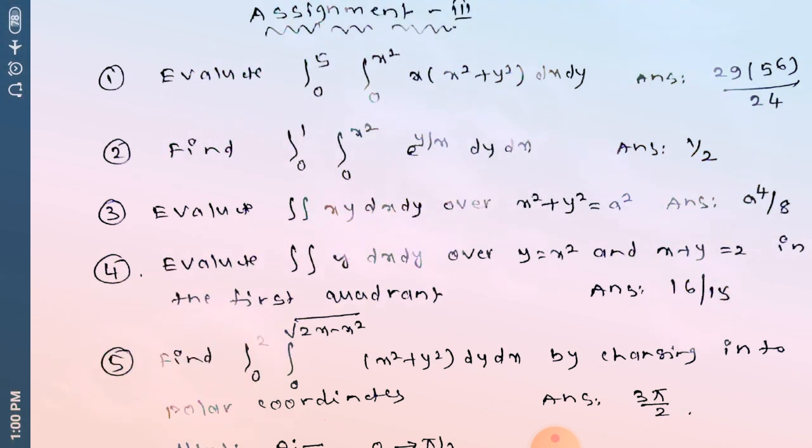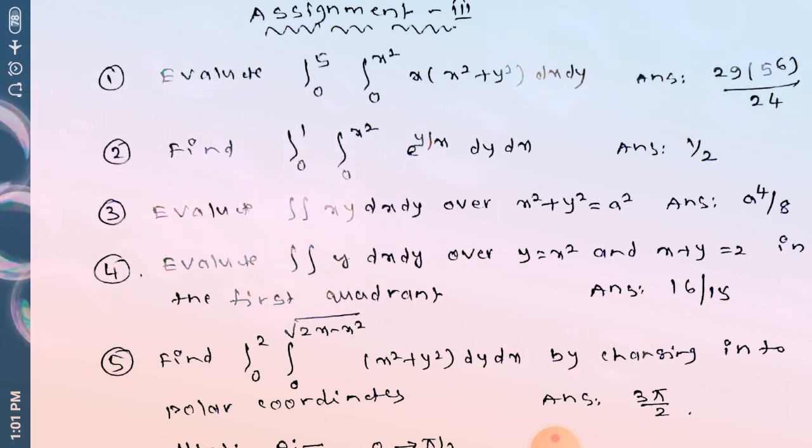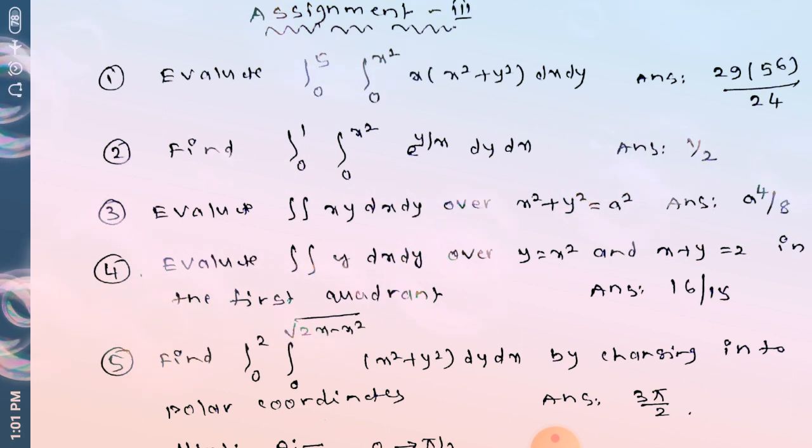As I told you, first focus on the second variable y. From that you calculate y square equal to a square minus x square. From that you get the y limits, 0 to under root of a square minus x square. Coming to the x limits, substitute y equal to 0 so that the x limits are 0 to a.